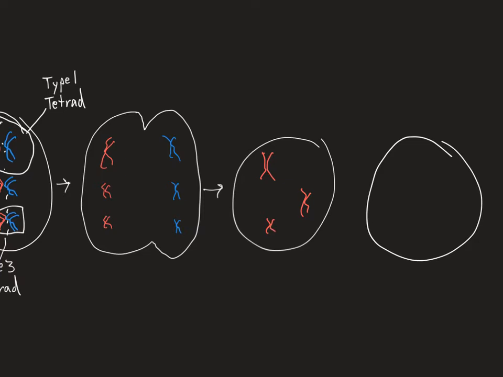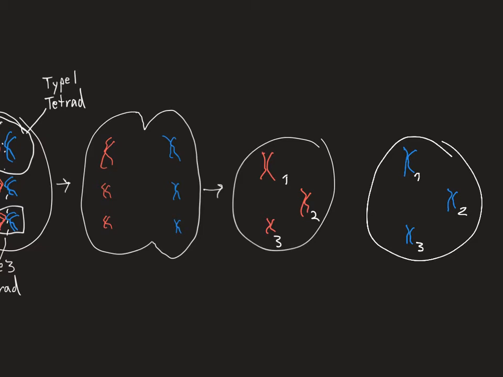So we need to do a little math here to come to grips with what has just happened. All right, so this is chromosome type 1, this is 2, and this is 3. 1, 2, and 3. How many versions of chromosome type 1 do we have in each of these cells?